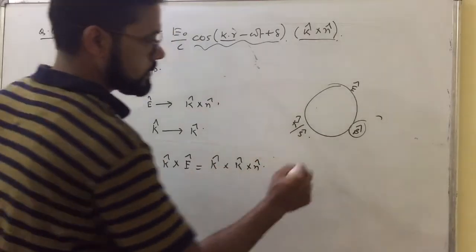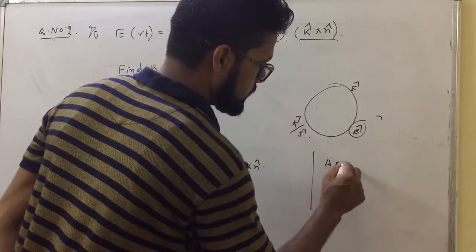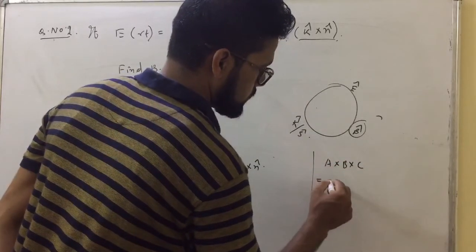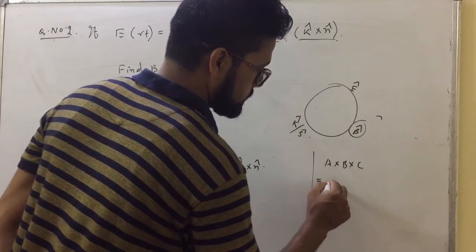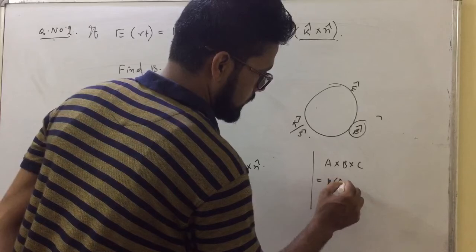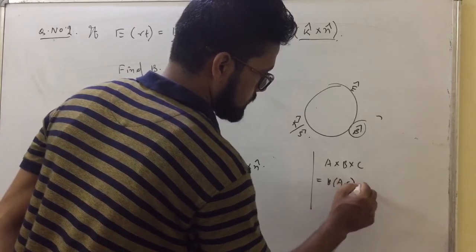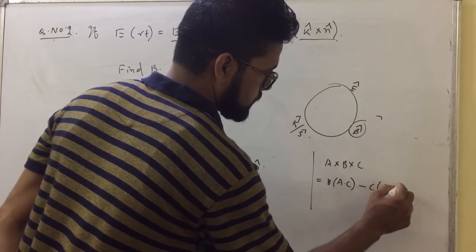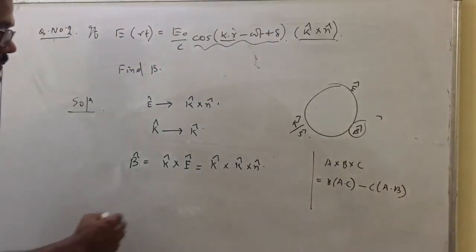Simple. I have already told you the vector triple product formula: a cross (b cross c) equals b(a dot c) minus c(a dot b). This is the formula, the vector triple product.